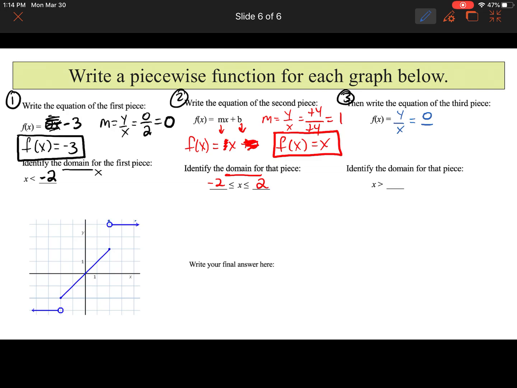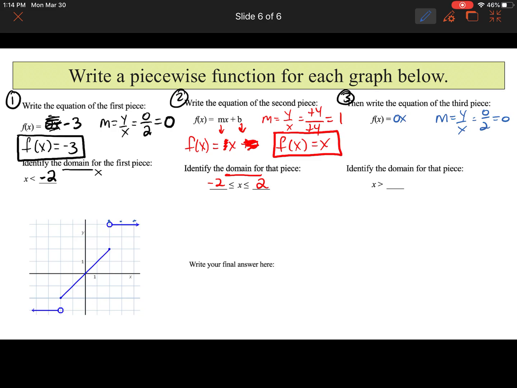For my x, I have to go over 1, 2 to 2. Oops, sorry. M equals y over x, which equals 0 divided by 2, which equals 0. So we know that my m is 0.